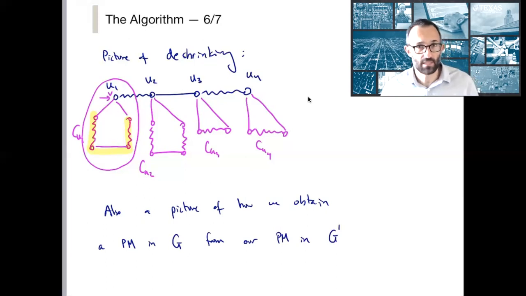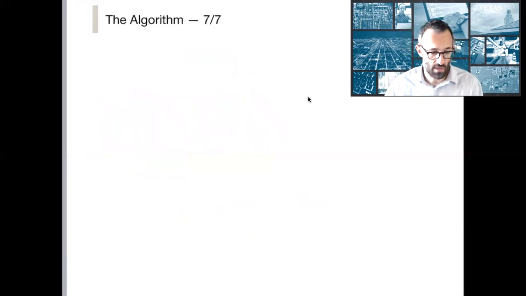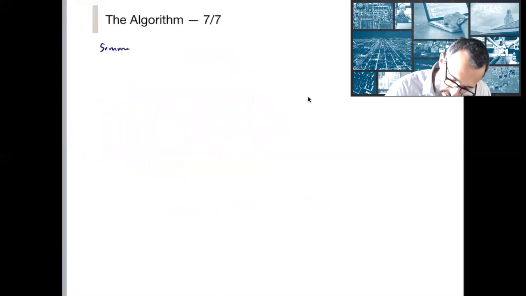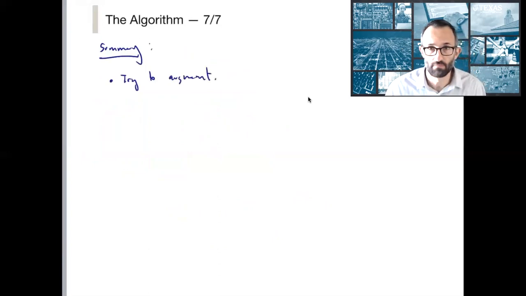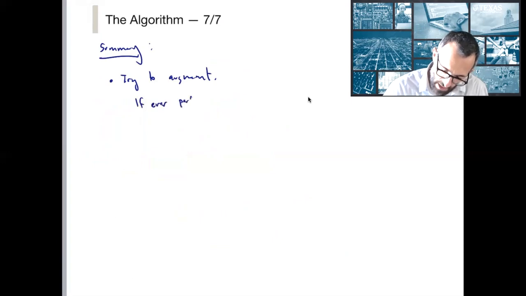So that's it. This is the algorithm. We also have to argue that it stops. So let me just summarize here what we've seen. The summary is that we try first to augment by building augmenting paths. And if we ever find a perfect matching, then we're done.